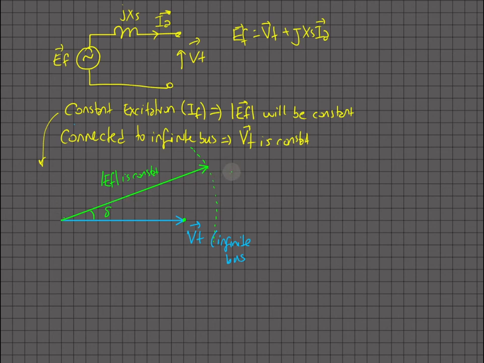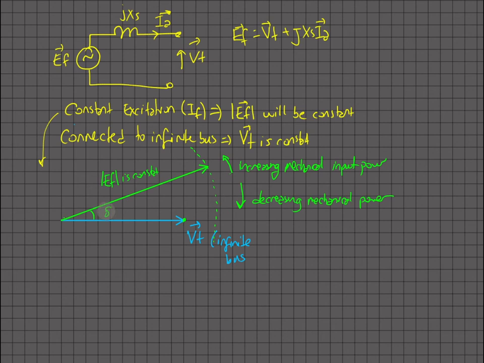Let me write: increasing mechanical input power to your generator, or if you go that way, decreasing mechanical power.